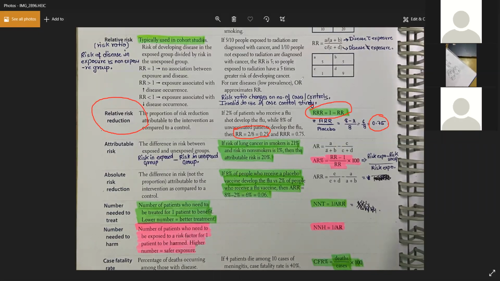Okay, so what I got now is 1 minus the risk in the exposed group divided by the risk in the non-exposed group. Tell me. The relative risk. So you can either write the relative risk reduction as 1 minus the relative risk, or you can use the original formula.